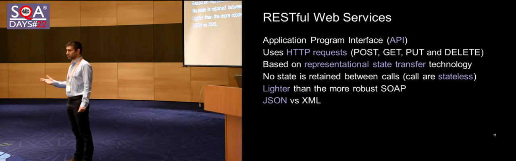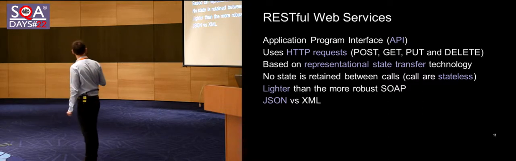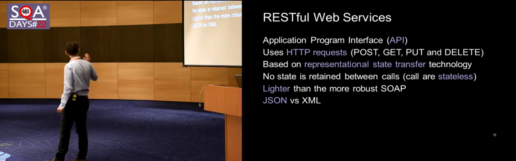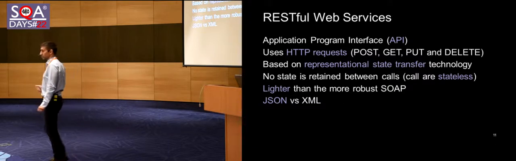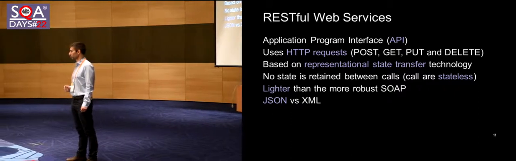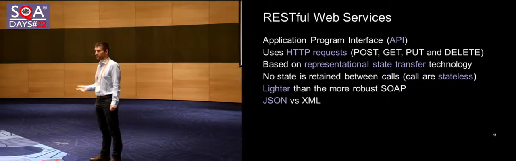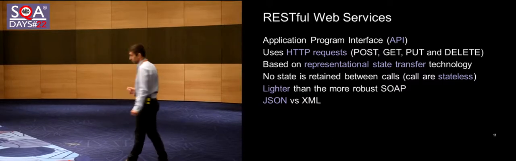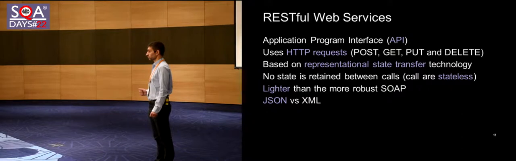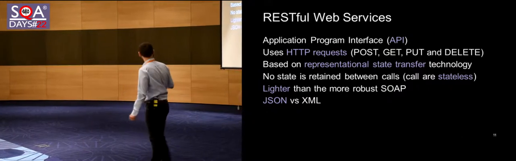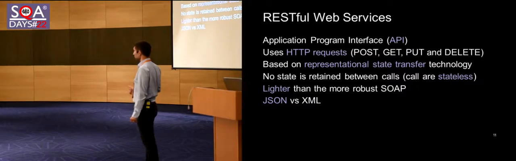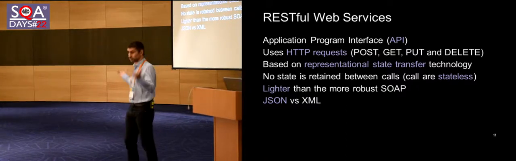Probably if you test web applications, you already tested the POST and the GET. The order there is important because you know CRUD: create, retrieve, update, and delete. That's basically the same for HTTP requests in REST APIs. So POST is create, GET is retrieve, PUT is update, and DELETE is delete.